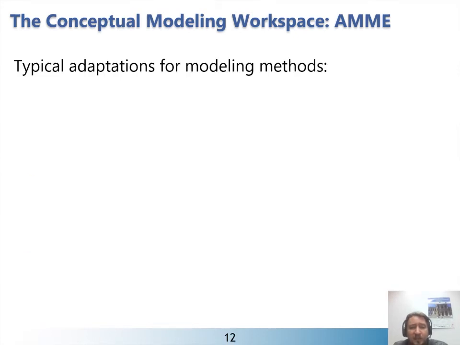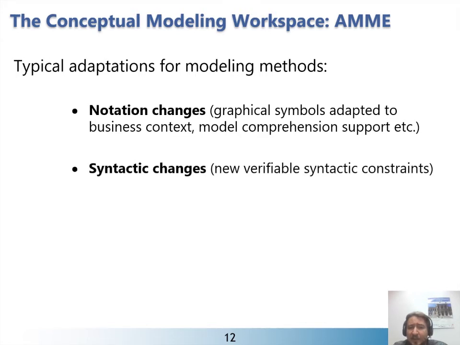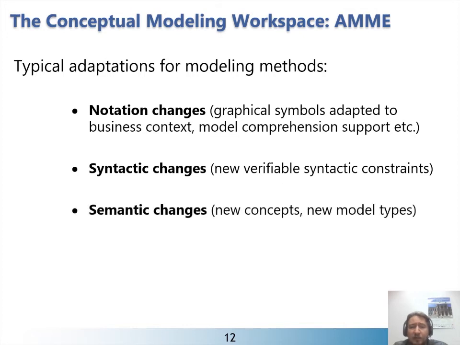Here is a classification of typical adaptations that can be made with the help of this framework. There can be adaptations in notation, meaning to align some graphical symbols with a business context. There can be adaptations in syntax, which means to add new verifiable syntactic constraints. There can be adaptations in semantics, which means to add new concepts or even entirely new model types to the language.